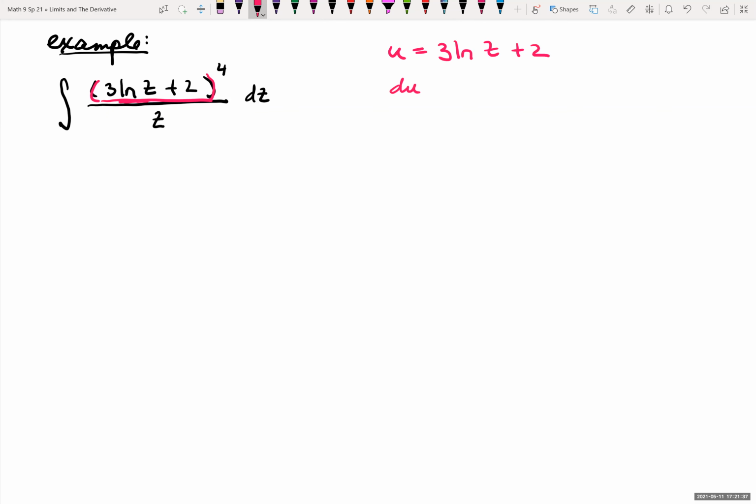And so when we take the derivative of both sides, we get du is equal to 3 times, well, the derivative of natural log of z is just 1 over z, plus the derivative of a constant, 0, and then dz. So if we multiply both sides by the reciprocal of 3 over z, which is z over 3, we get dz by itself, is equal to z over 3 times du.